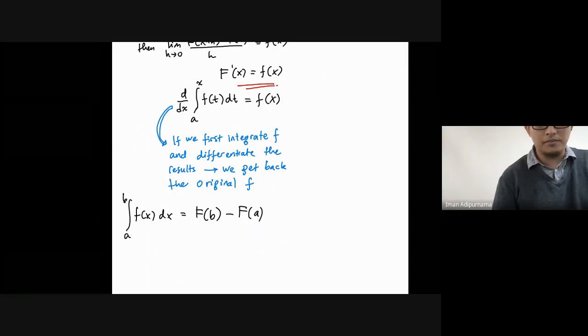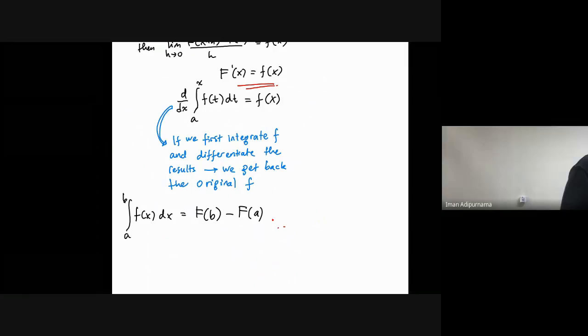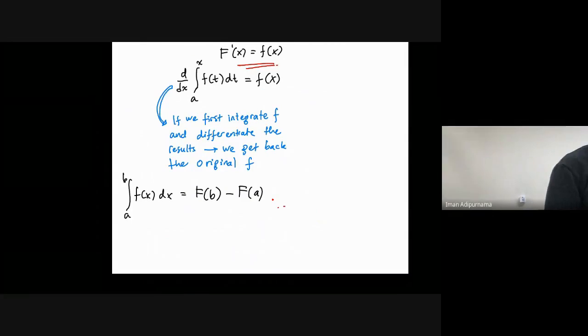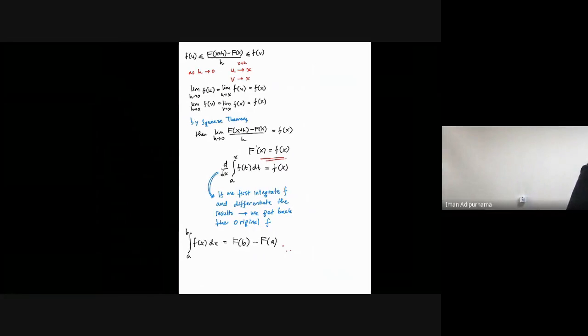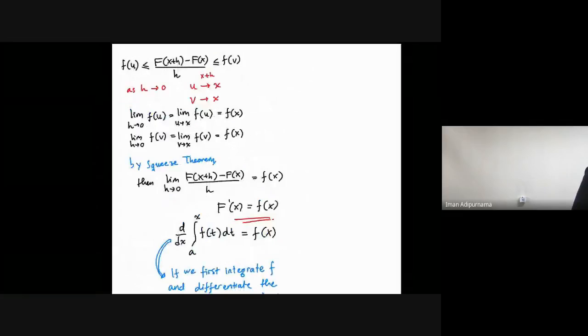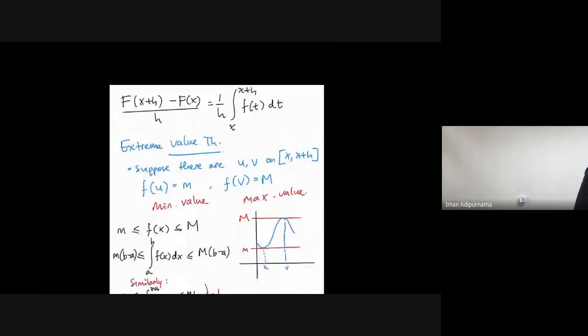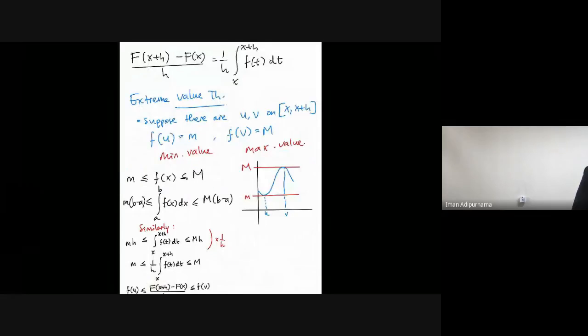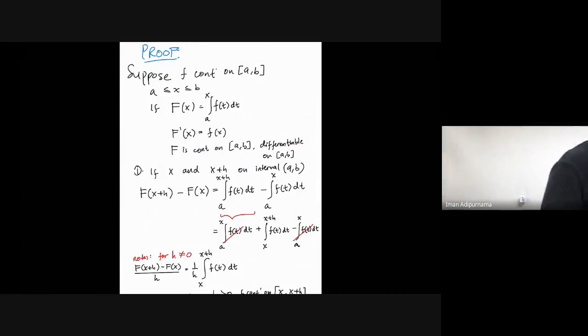It's not really long, but this is an important point for integrations. Any questions first? Let me let you think first.